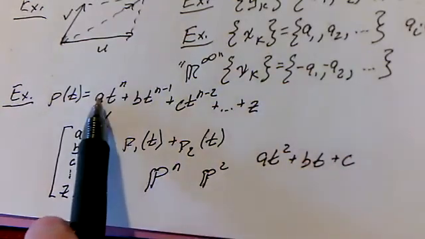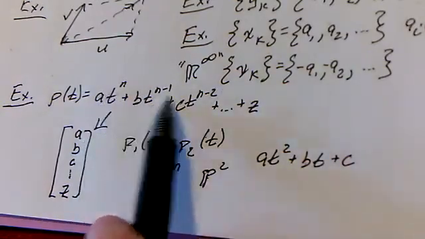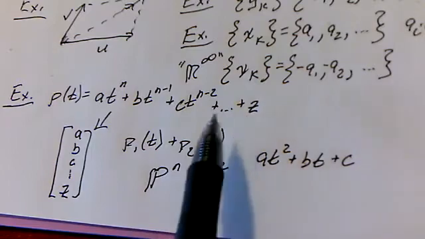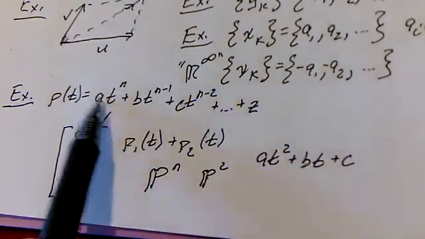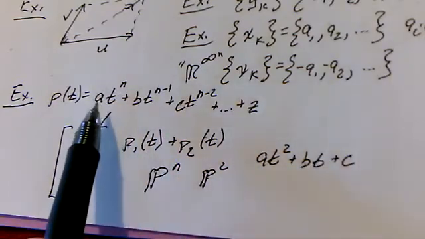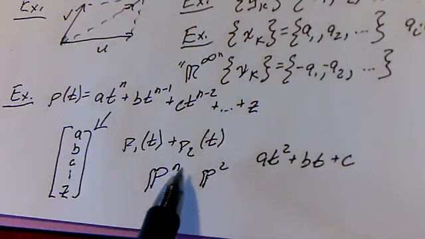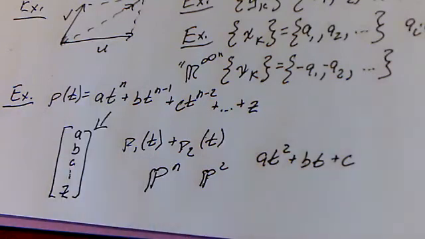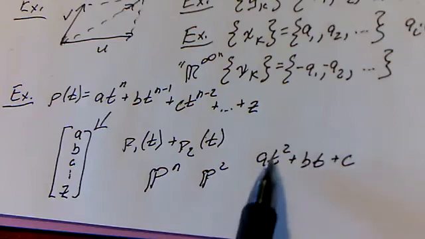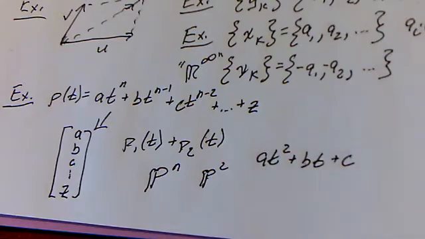This would be like P26 because I have 26 going all the way down to Z. We have to have somewhere we start and stop. We don't have a P infinity. We have a highest power. The degree of the polynomial given there is n. So P3 would start at cubed.